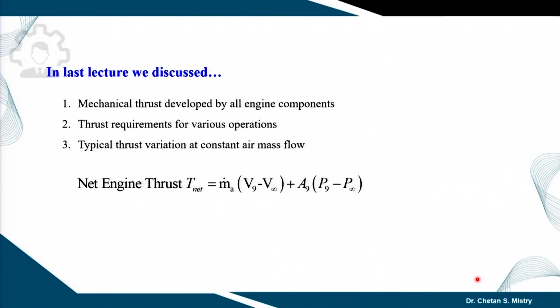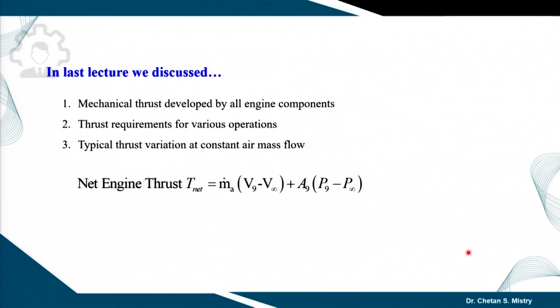If we are talking about military aircraft, the scenario will be different, where the thrust requirement will vary with the operations. Say we are doing acceleration, deceleration, various kinds of maneuvers, where my thrust requirement will be different. Then we started discussing the thrust variation at constant mass flow rate condition.